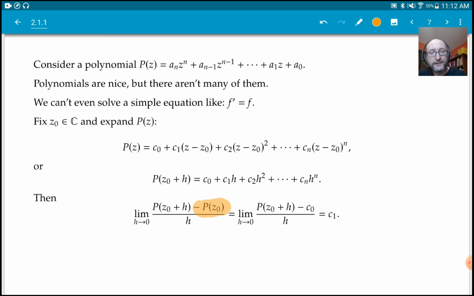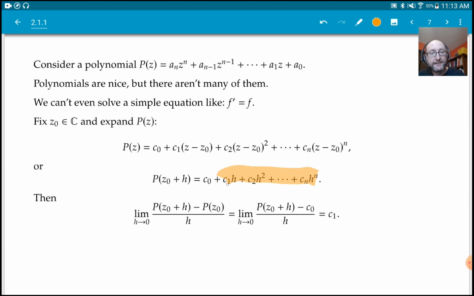P at z0 is just c0, right? So that's easy. And then if I take this and I subtract P at z0, I'm left with just this thing over here. And that's clearly divisible by h, so I can cancel out an h, right?